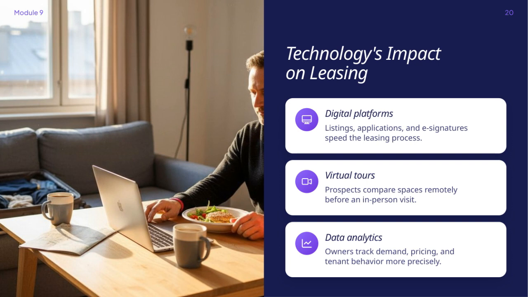This changes the way people evaluate properties and saves everyone time. Additionally, data analytics provide owners with valuable insights, enabling them to monitor demand, set pricing strategically, and understand tenant behavior more accurately. Altogether, these technological advancements are reshaping the leasing landscape for the better.